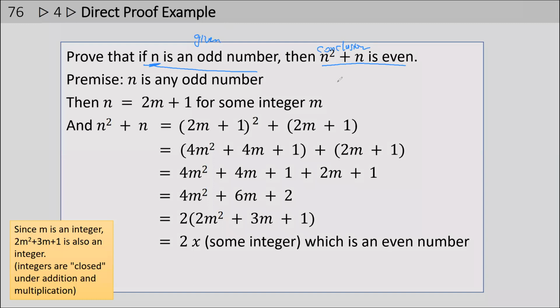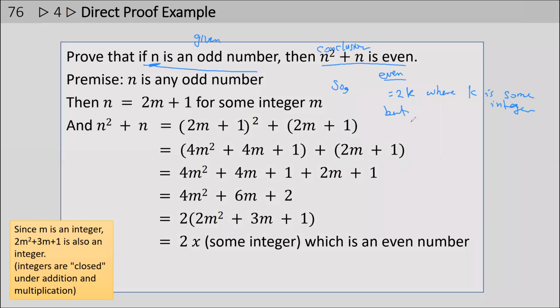If n is odd, so for even numbers, it could be written as twice k, where k is some integer, okay?